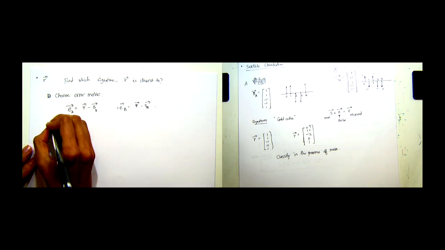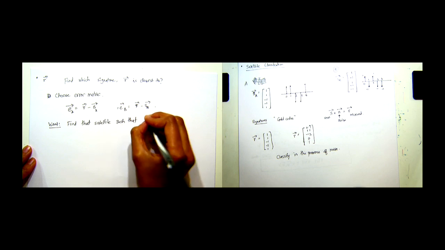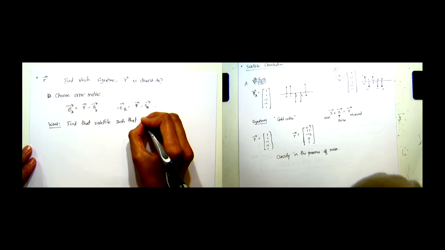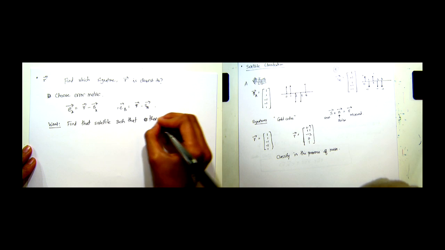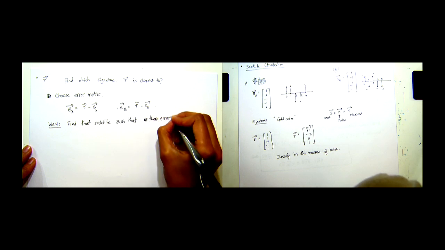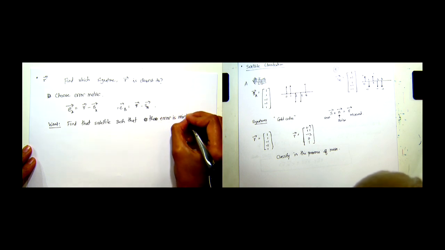What we want is to find that satellite such that the error is minimized.